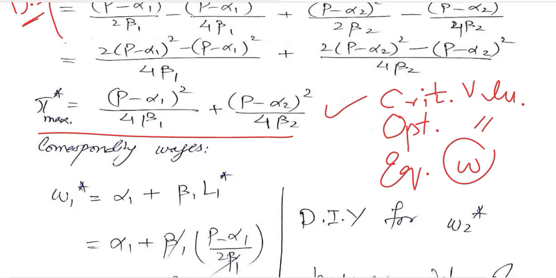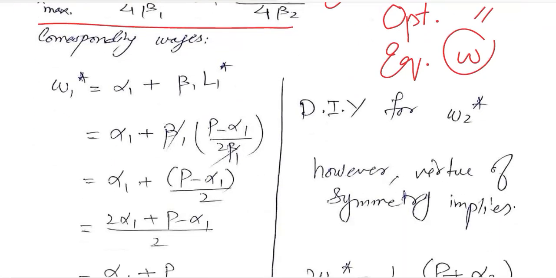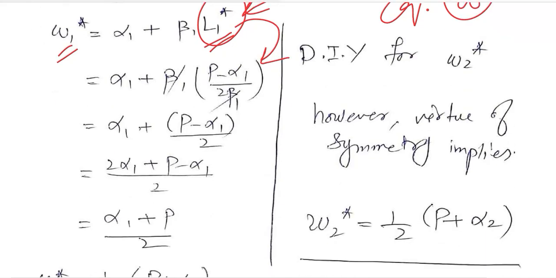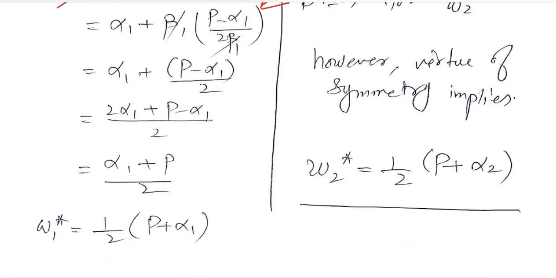So we can find the equilibrium value of the wage for the first labor, and it will be L1 asterisk substituted here, and when we put its value it will become this. We can simplify this and it will become this equation, that is the wage equation at equilibrium for the first labor.